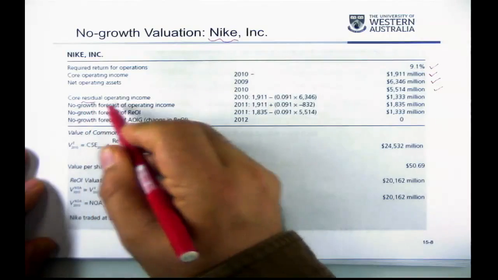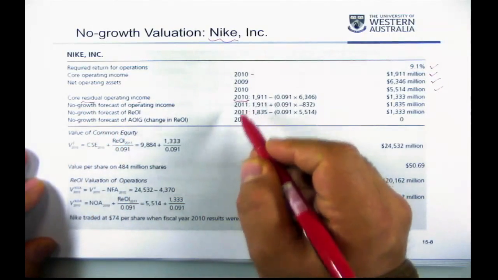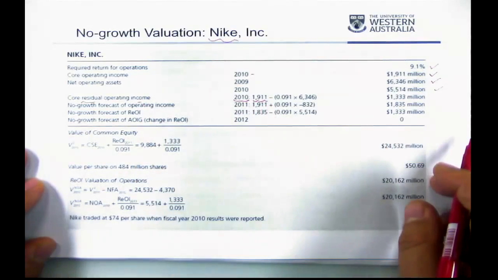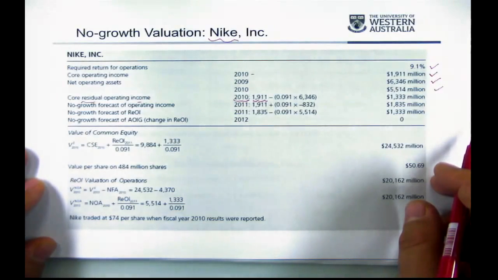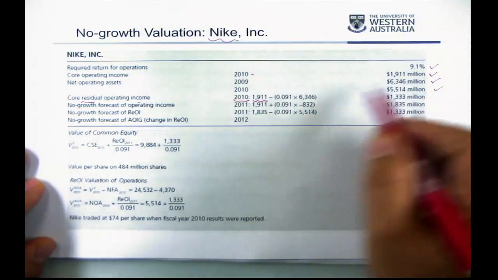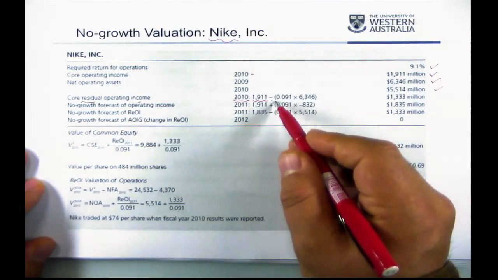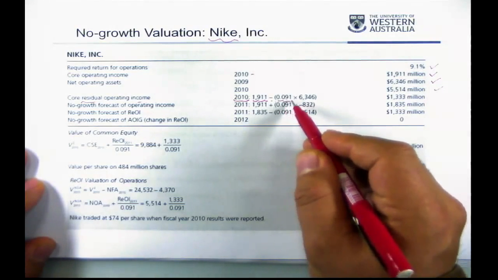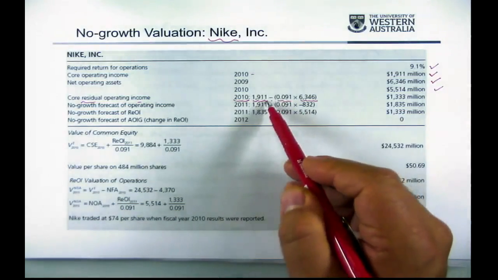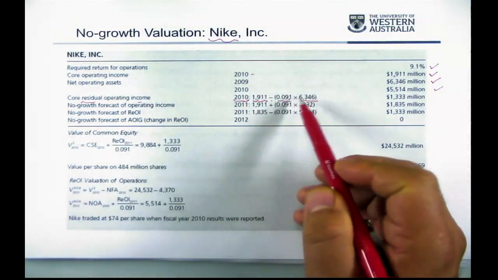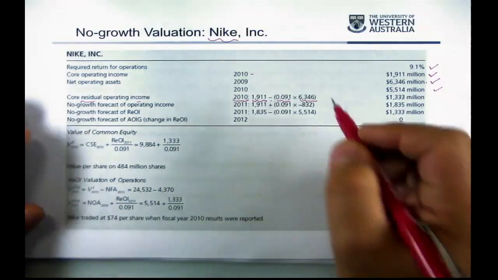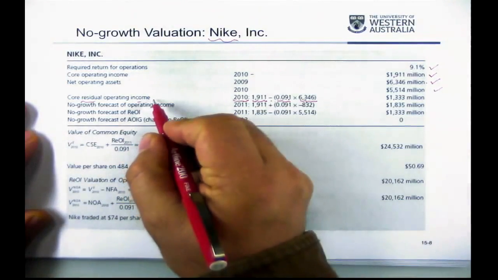The core residual operating income in 2010: residual operating income is equal to the difference between the operating income in that year and the product of the cost of capital and the lagged net operating assets. So this is the operating income in 2010. This is the cost of capital. This is the net operating assets in 2009. Okay? So this is the formula we use here.